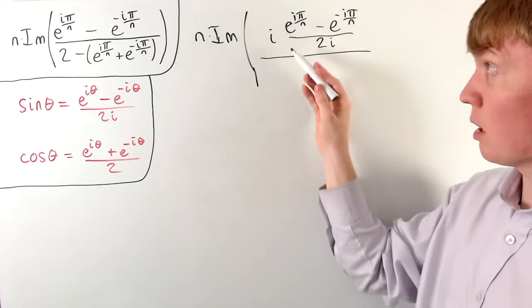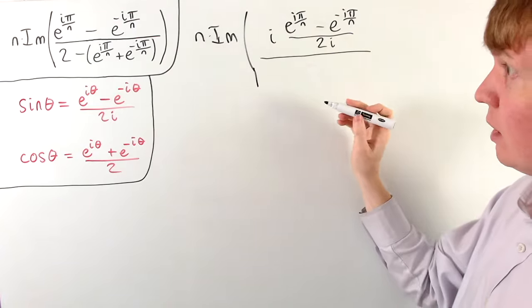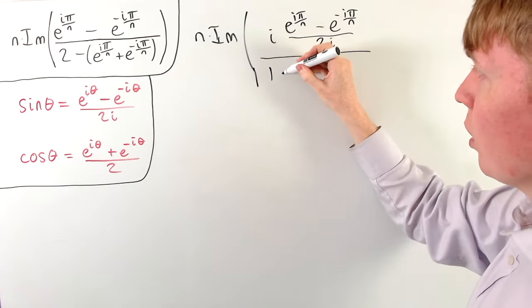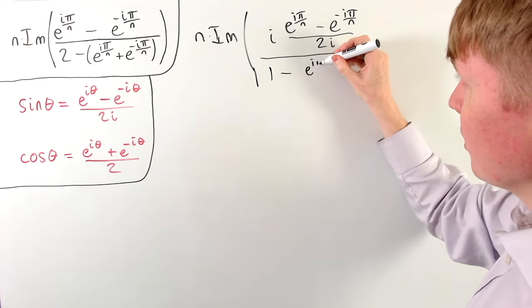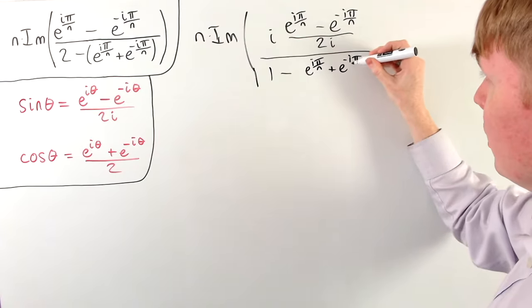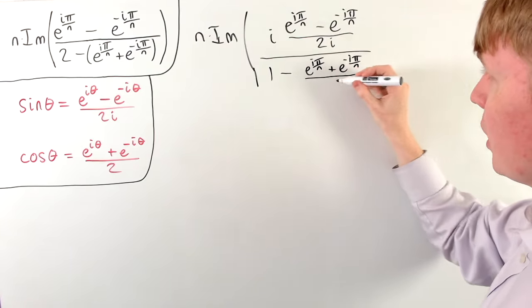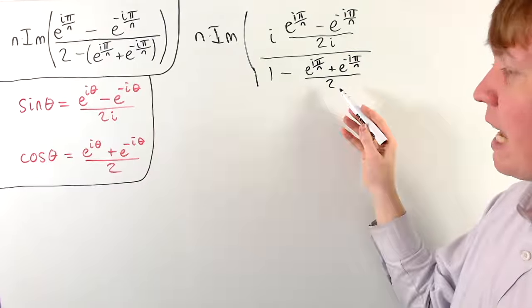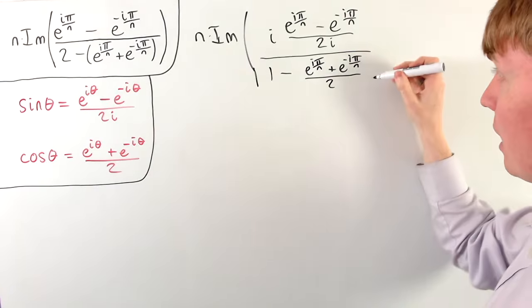So we only need to do this in the numerator with the i, because now in the denominator, having divided everything through by 2, we get 1 minus e to the i pi over n plus e to the negative i pi over n, where this is all divided by 2, and this actually looks like cos pi over n because there's no i in the denominator there.